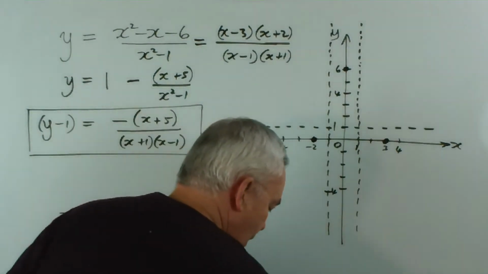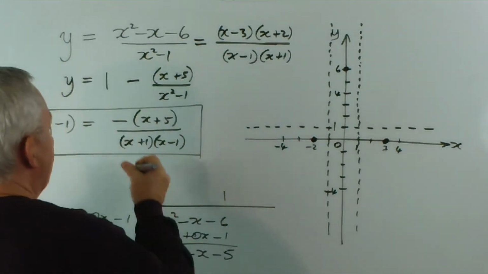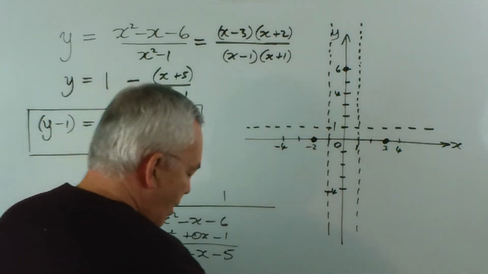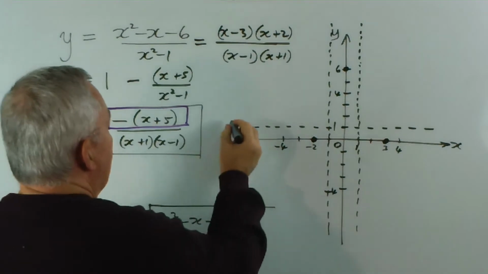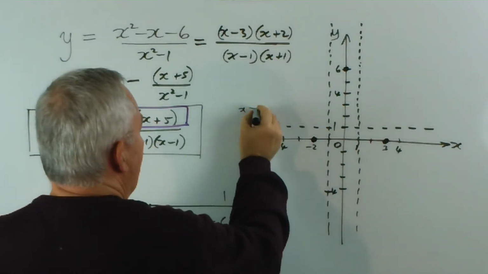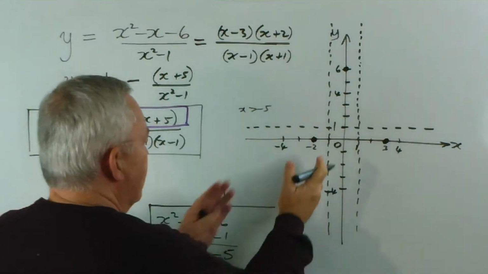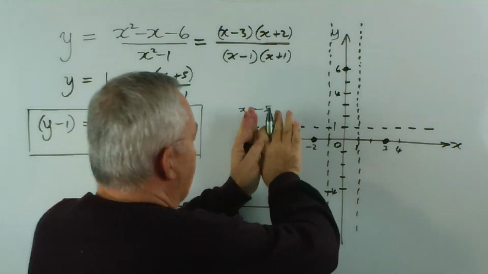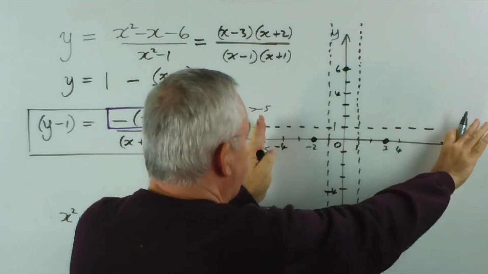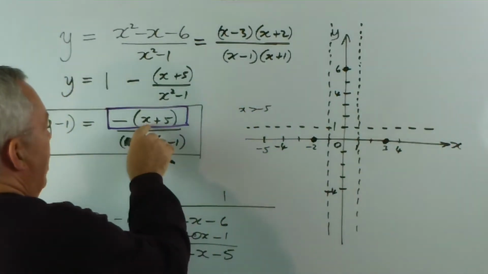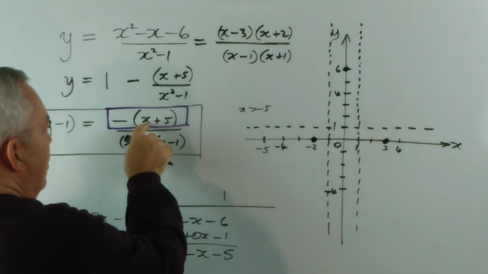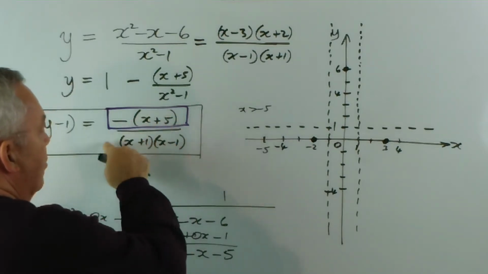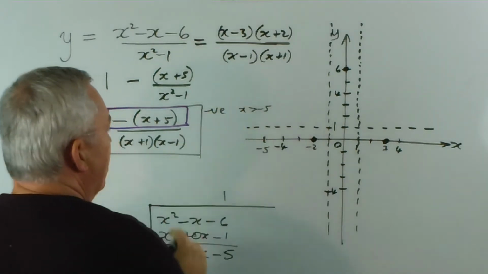Now this particular expression on the top with the minus sign at the front, as long as x is greater than negative 5, so where's negative 5? Down here. As long as x is up this side, we're going to have big values here, adding 5 positive with a minus at the front, so it's going to be negative.